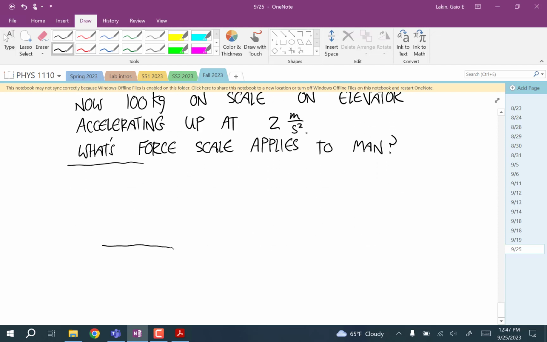Okay, so now here's the elevator. There's the scale. There's the man.